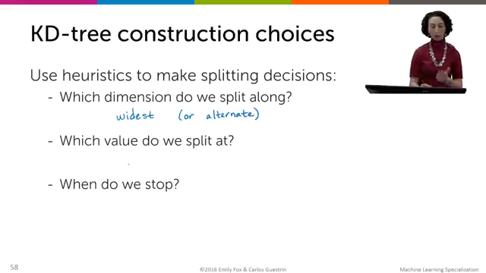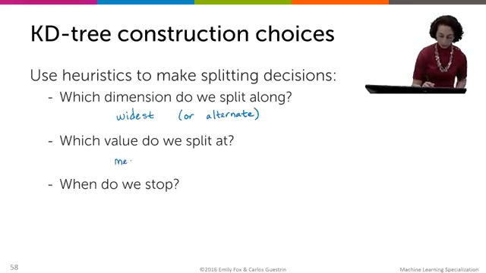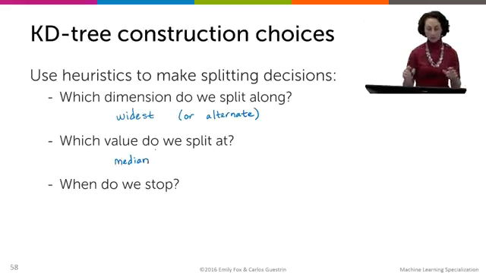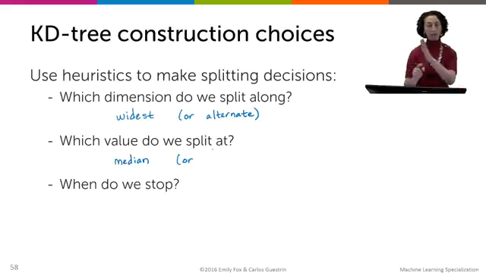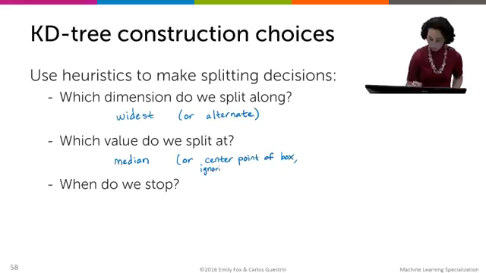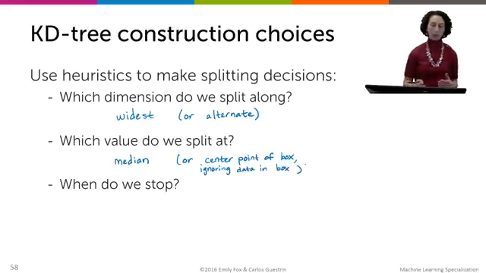Then when we think about what value we split at, one option is to split at the median value of the observations that are contained in that box. Or you could split at the center point of the box, ignoring the spread of data within the box. Then a question is, when do you stop? And here there are a couple of choices that we have.